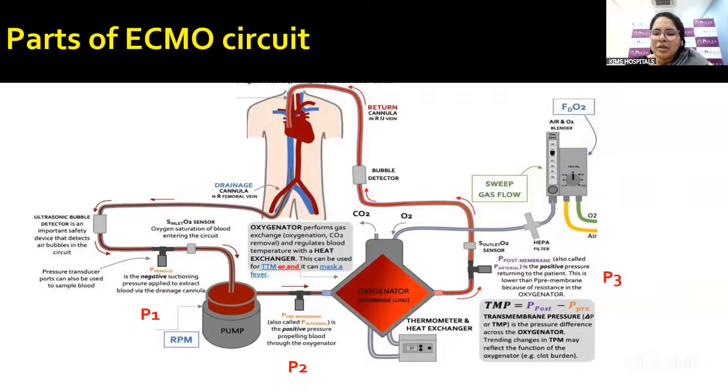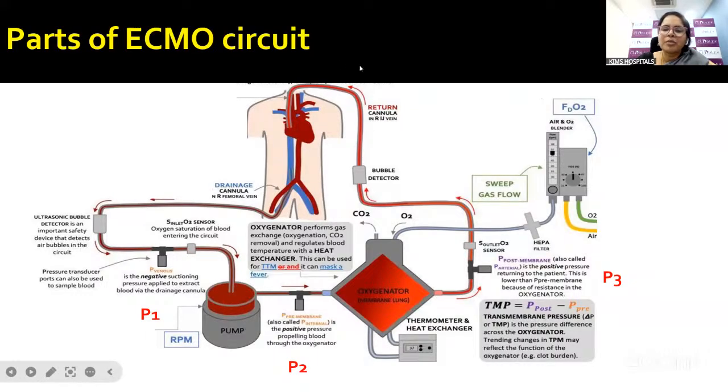Although the absolute number may not matter much, the trend of this transmembrane pressure difference can reflect the function of the oxygenator or the clot burden. So if we have excessive clot burden or resistance across the oxygenator, then transmembrane pressure or P2 minus P3 is going to become higher and higher. Post the oxygenator, of course, post-membrane pressure is measured, and then the blood is pumped back.